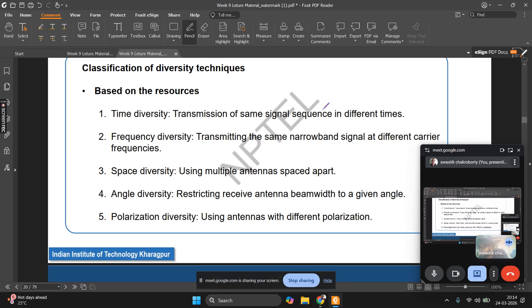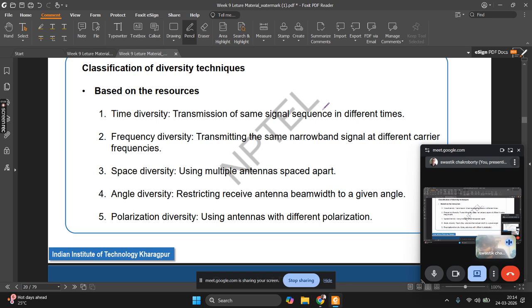So unless you are moving very fast, they usually persist throughout time slots, especially if you're static.